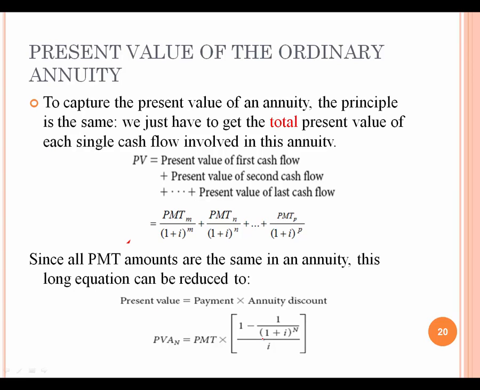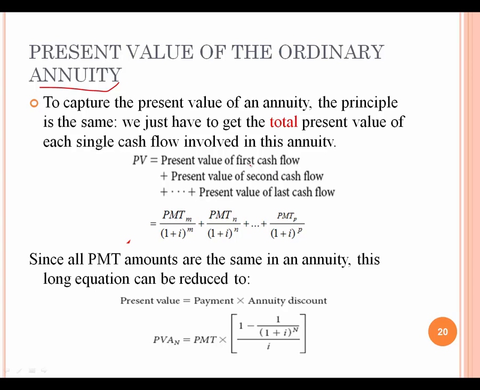Now let's take a look at how to calculate the present value of an ordinary annuity. Remember, an ordinary annuity is a series of cash flows that have the same amount over time, and the first payment starts at the end of the first year.